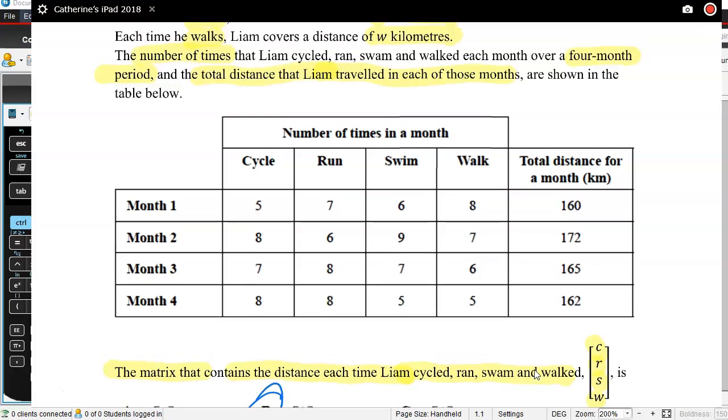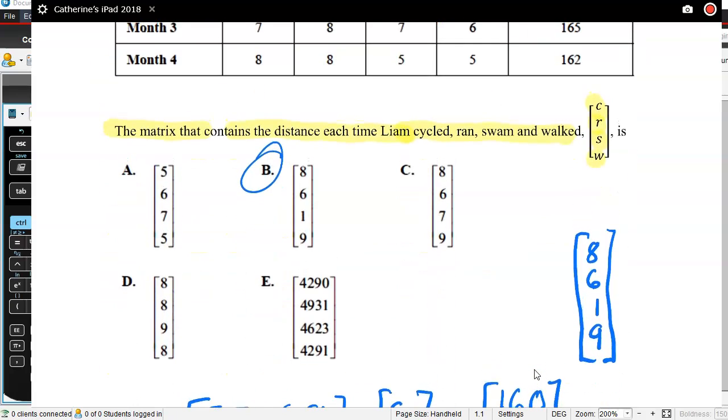But here is an example of having to read really carefully what you are being asked to find. You're being asked to find the matrix that contains the distance each time Liam cycled, ran, swam, and walked. In other words, solving for CRSW. So that's what you had to do there.